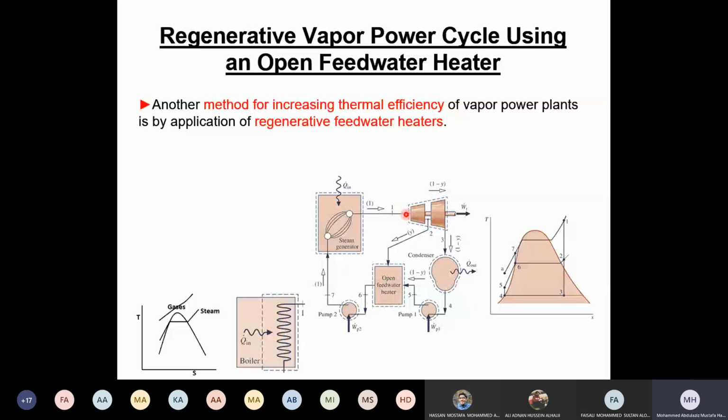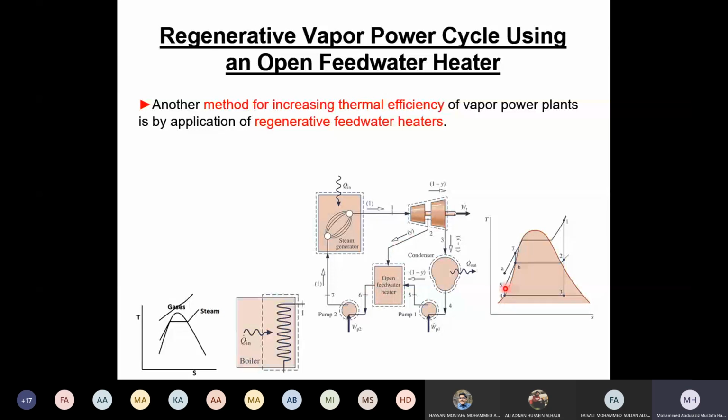Remember that this is at the intermediate pressure, pressure 2. I cannot mix this with state 4. I have to add pressure to that such that all of them will be at the same pressure. So pressurize this to state 5 at the same pressure as 2, and then 5 and 2 are mixed together to give us 6.